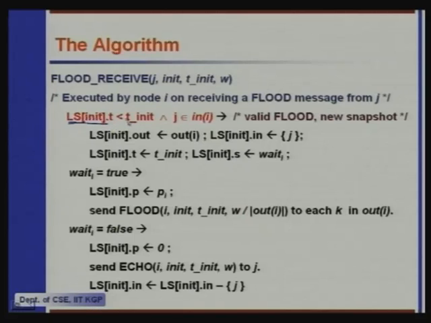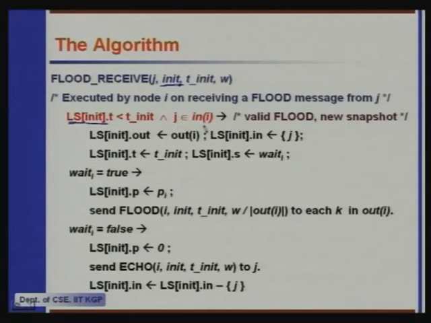Now, if that is less than t init, what does it tell us? It tells us that this is a new wave from the initiator init. So, if it is a new wave from the initiator and j belongs to in I, what does this mean?